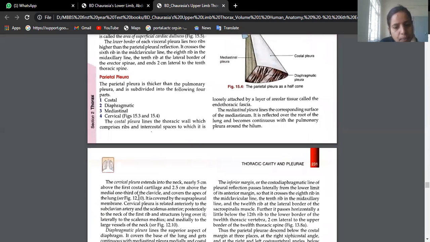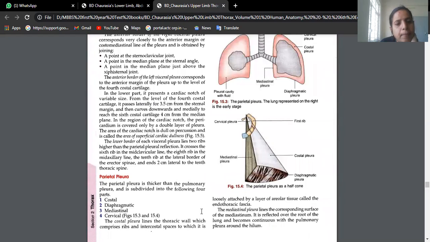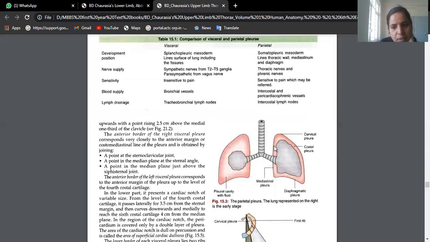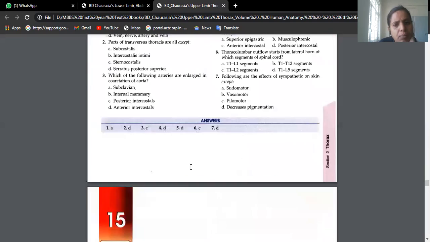See, in the cervical pleura only, you will have suprapleural membrane. It is formed by the flattening of the tendon of scalenus minimus. Here you will have suprapleural membrane. Very good diagram is there.